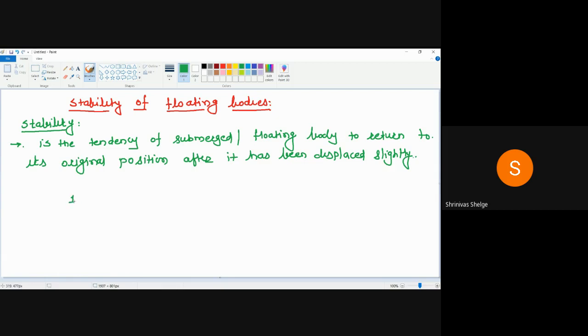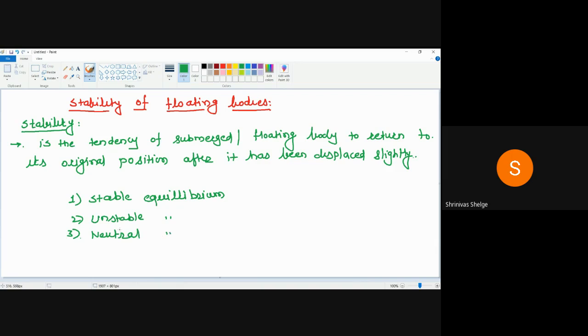The first condition is the stable equilibrium condition. The second condition is the unstable equilibrium condition. And the third condition is the neutral equilibrium condition.